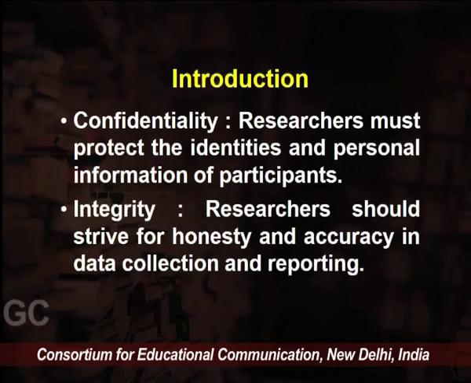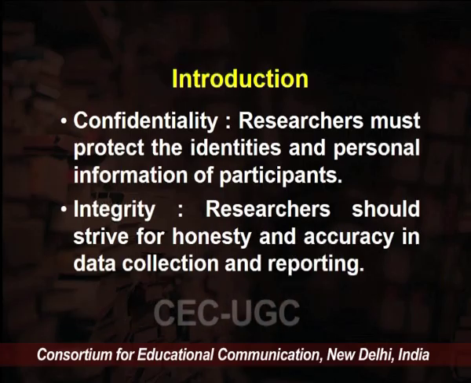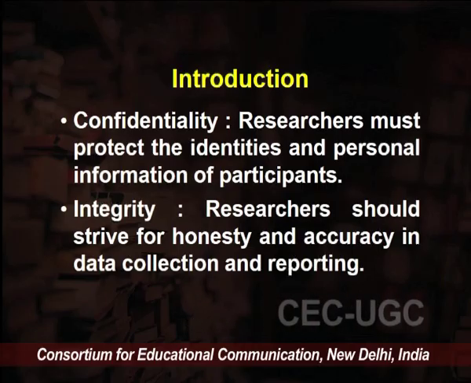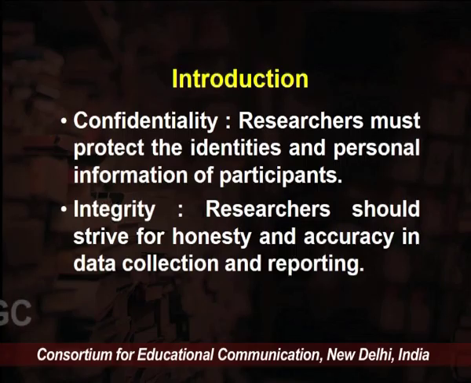Researchers should strive for honesty and accuracy in data collection and reporting. As researchers, we cannot apply any hidden cameras, or record any conversation without the awareness of the respondents. These are the ways in which ethics can be maintained in research.